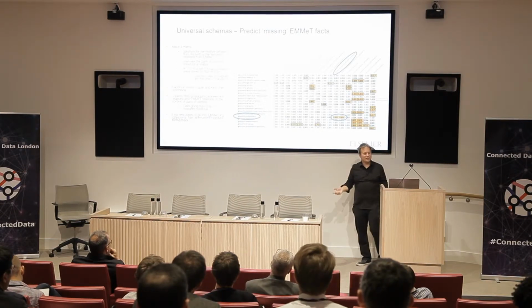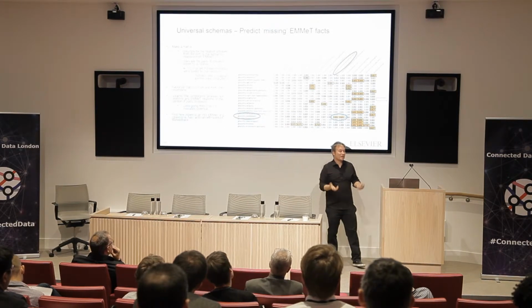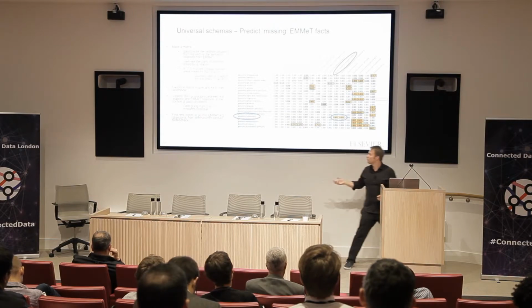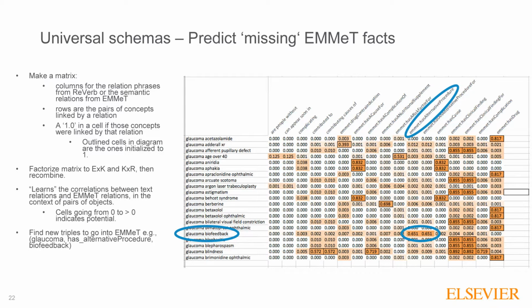Then you factorize the matrix, very much like a recommender system, right? You factorize the matrix, and you put it back together. And the interesting thing is that you get a prediction for the likelihood of new relations between those two concepts. And they can be both surface form relations, but also relations already existing in your ontology.